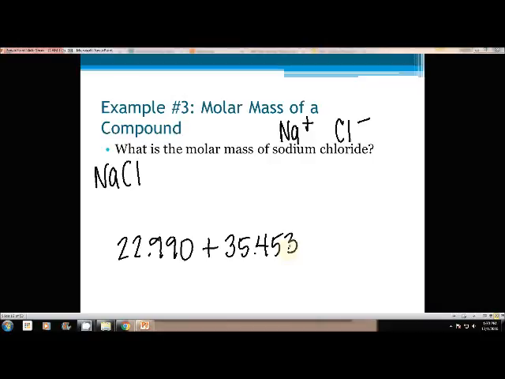Okay. When you look at the boxes on the periodic table, it's the decimal numbers. Now, to find our answer, we just have to add them together. What are they added together? A number. Yeah, what number?